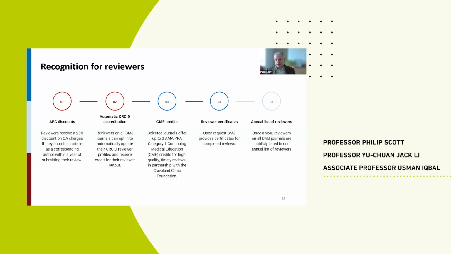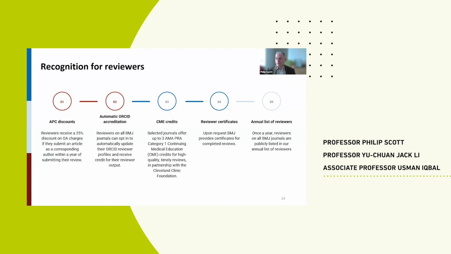So in terms of recognition for reviewers, we've got 5 steps listed here. First of all, the article processing charges. As Jack was describing, for open access journals, there is an article processing charge, that's the publishing fee, and reviewers will receive a 25% discount on open access charges if they submit an article within a year of submitting their review.